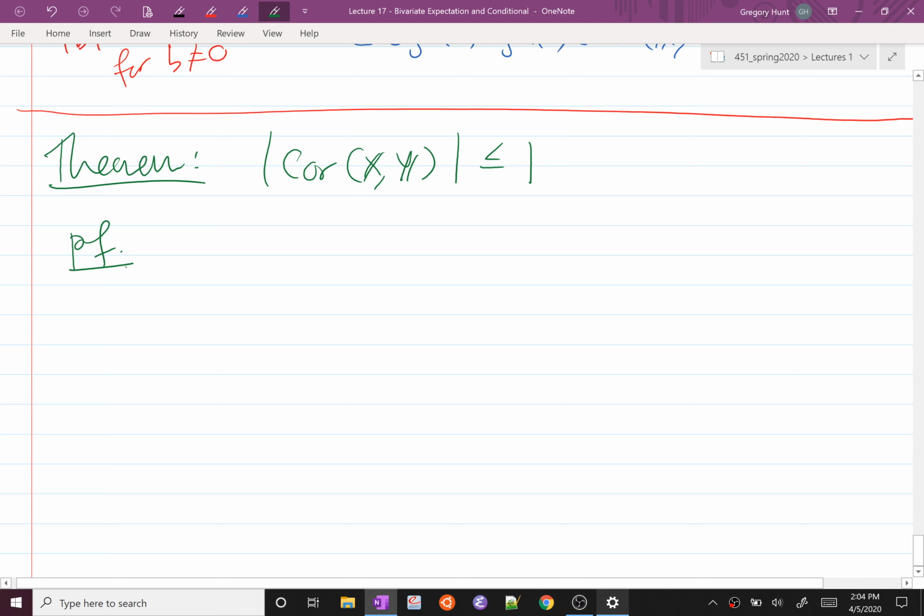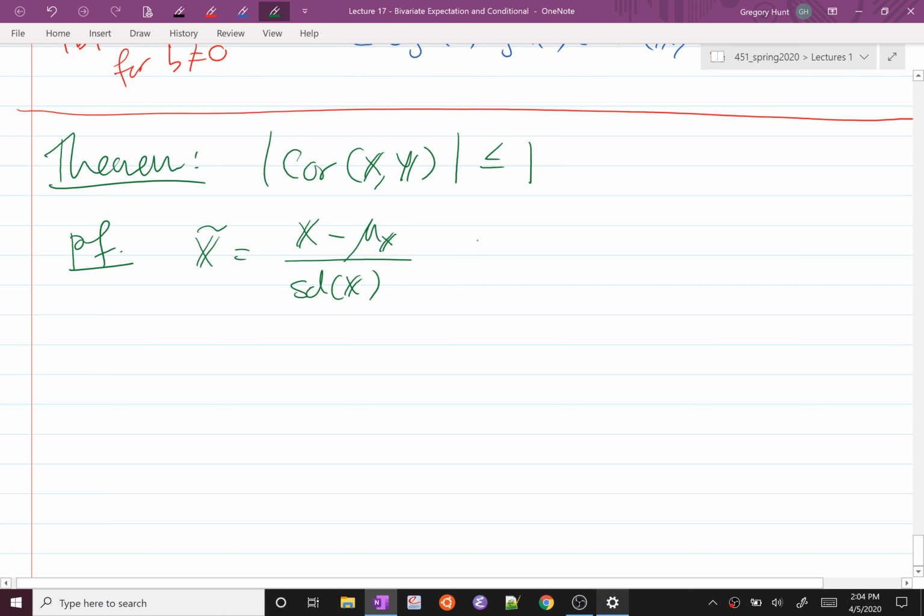So how can we do this? Let us linearly transform x and y. So let's say x tilde is x minus its mean divided by the standard deviation of x.